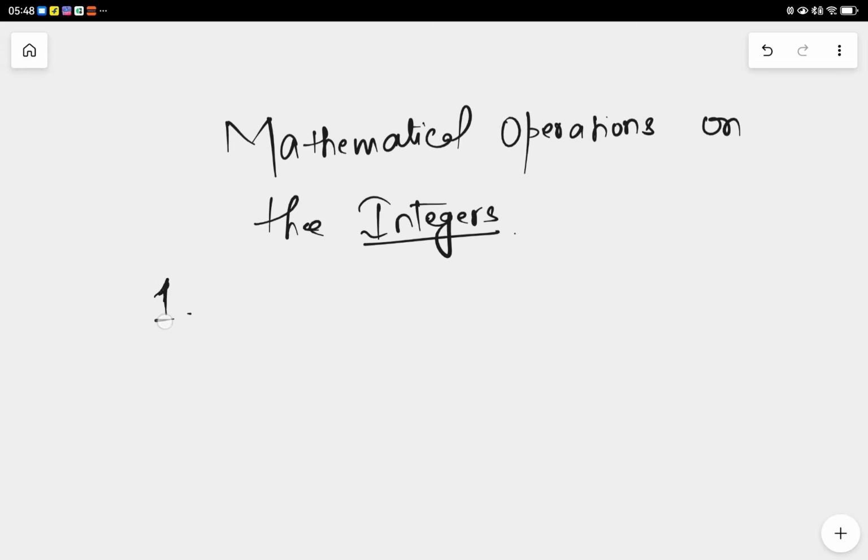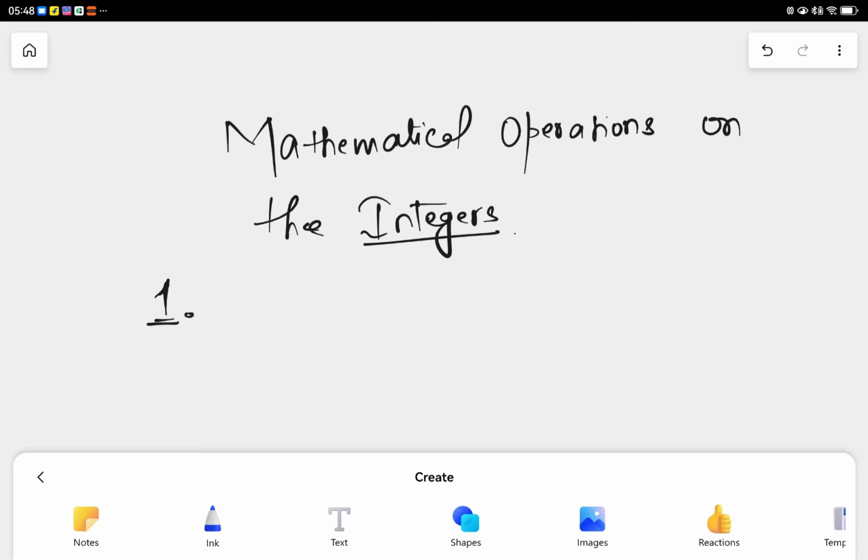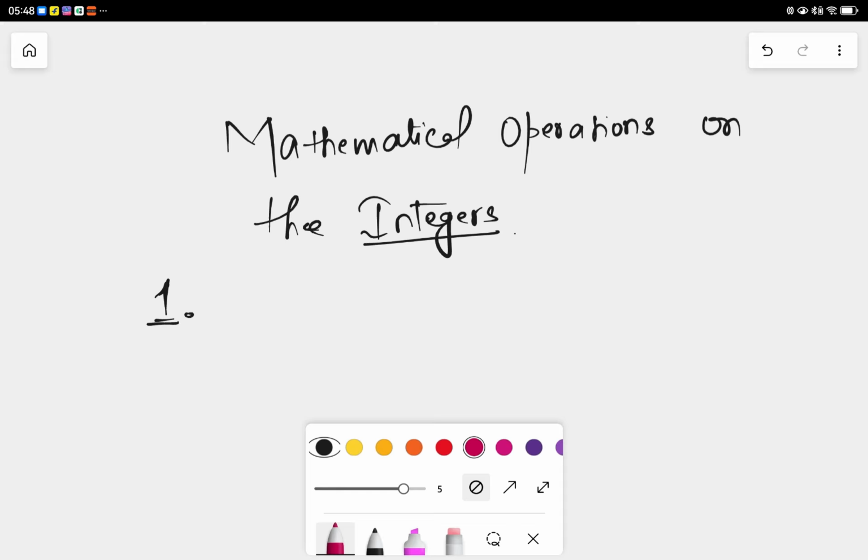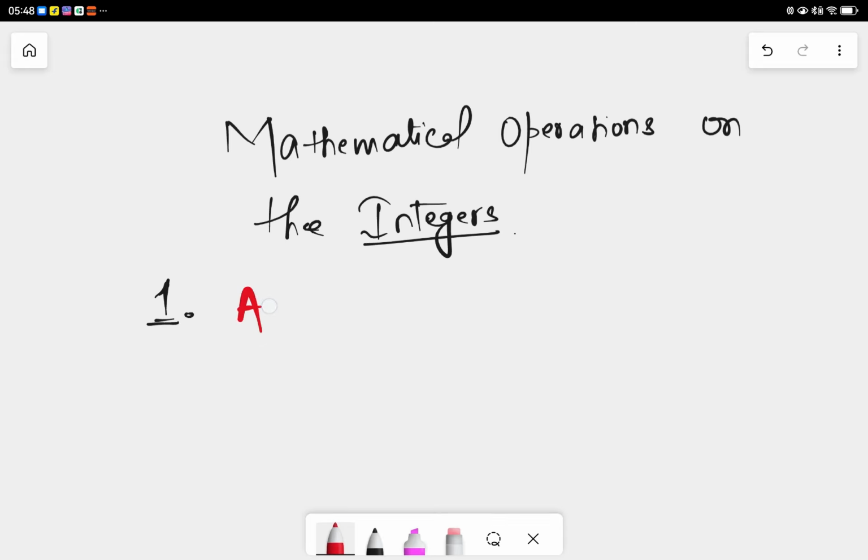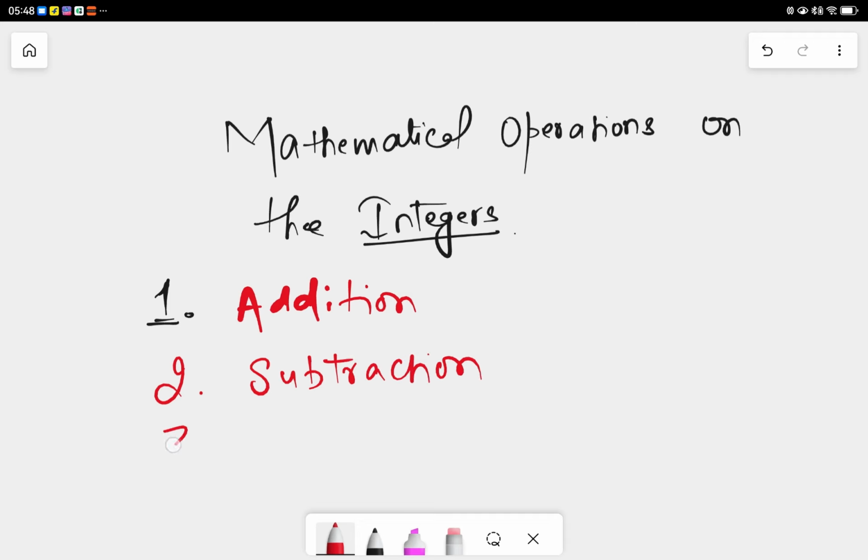So as you know, the mathematical operations available to us are only four things that we can do. The first one is addition. The second one is subtraction. The third one is multiplication.